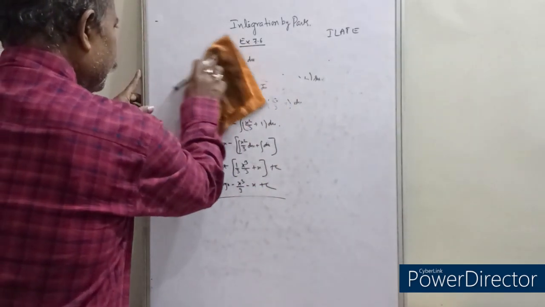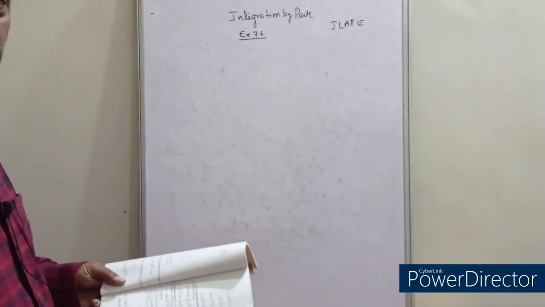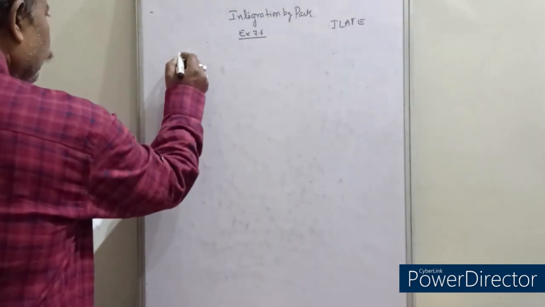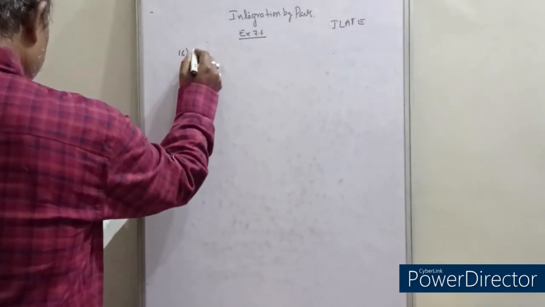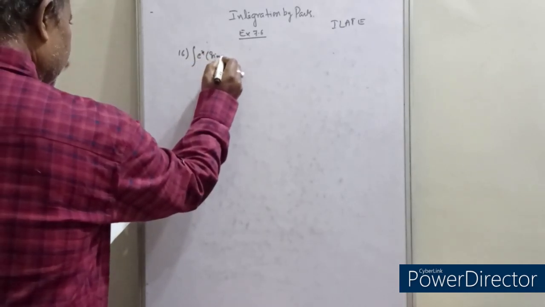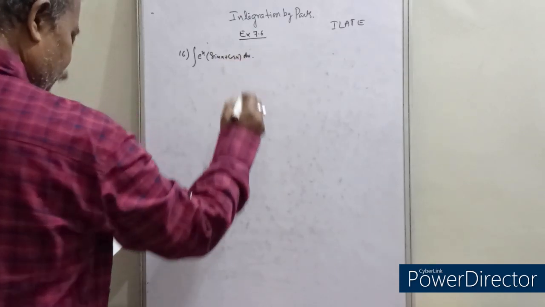Now I am going to question number 16. The next question is question number 16, that is e to the power of x times sin x plus cos x dx.